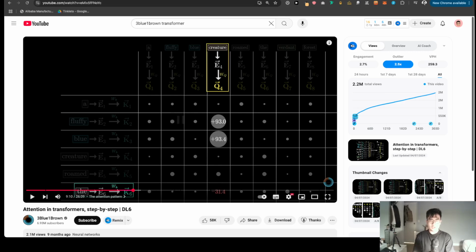like the. Like, shouldn't you normalize it? My question is, yeah, this tells you the similarity, but that's just because of the angle.